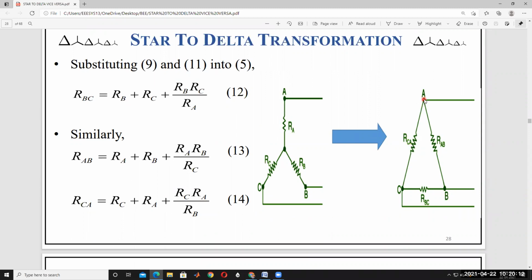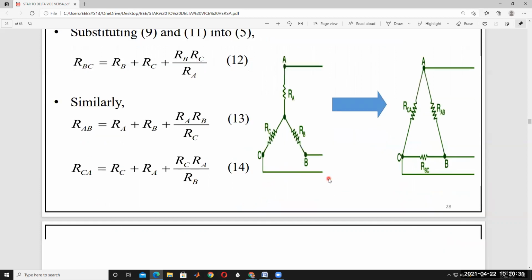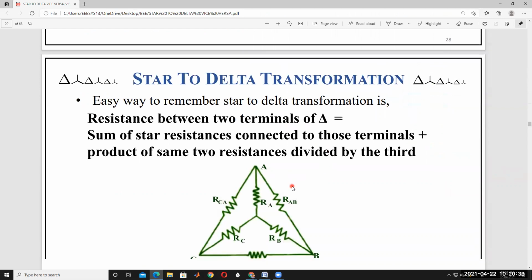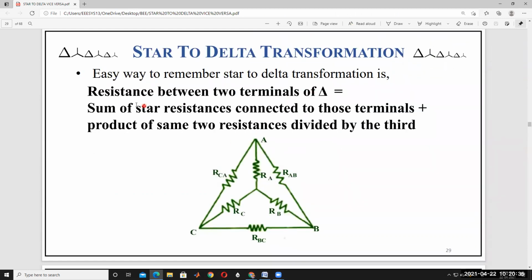RCA is connected between A and C. So what is the resistance RCA? It is RA plus RC plus RA into RC divided by the remaining resistor. Like this, star to delta conversion. How to remember this star to delta transformation?